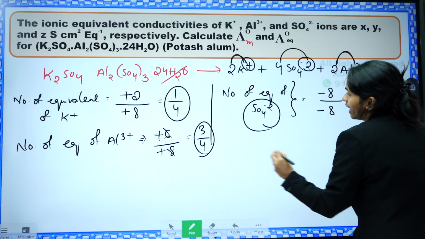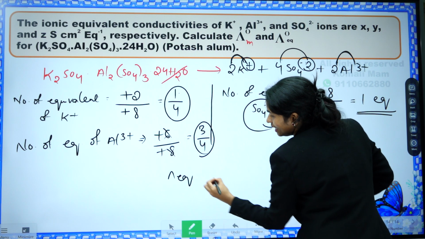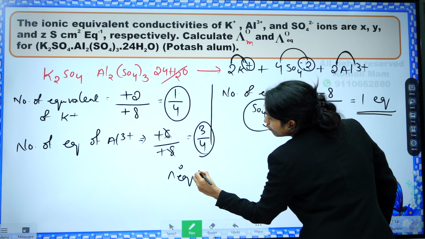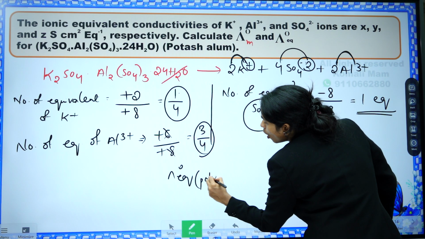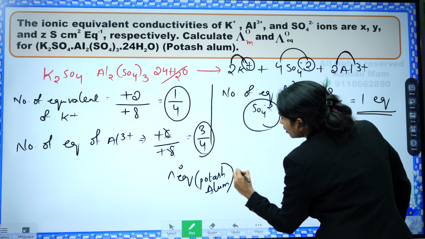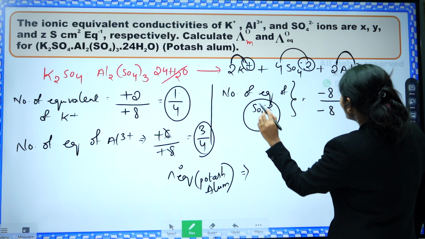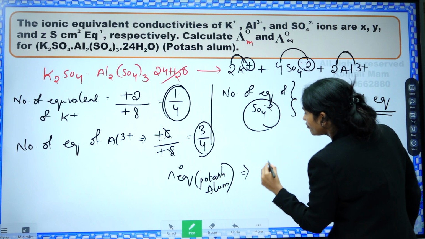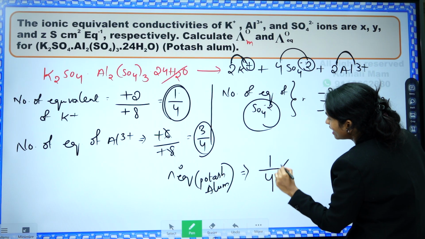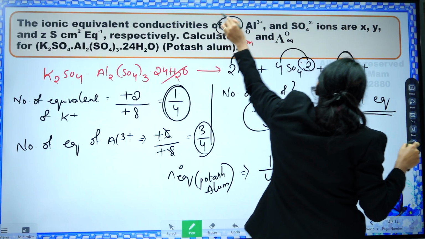Which means how to write it is: equivalent conductivity at infinite dilution of potash alum is equal to K+ ions. Potassium ion, how many equivalents? 1 by 4 equivalents. And each equivalent of potassium, its conductivity is how much?